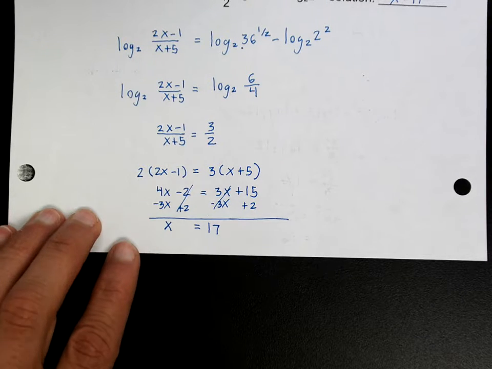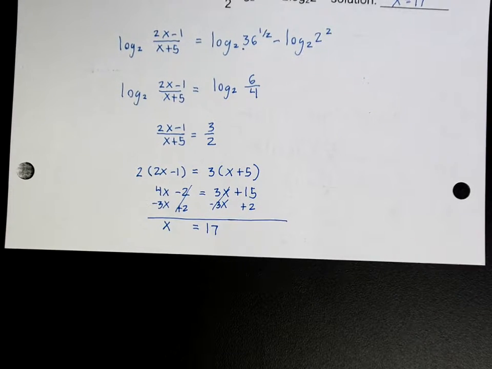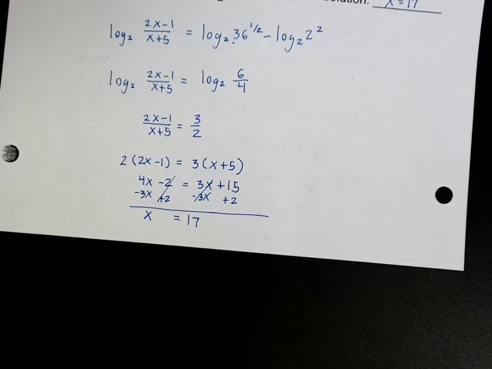Now, I'm going to go ahead and go to the homework and show you the answers to the homework just to make sure, give you some reassurance if you're doing this right or wrong.